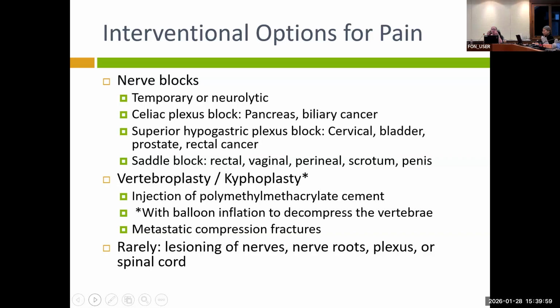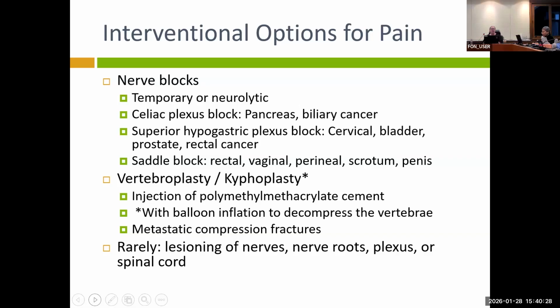We inflate a small balloon to decompress the vertebrae, or we inject, I call it cement here, but it's really like cement, and basically we build up the vertebrae again so they don't rub and the pain isn't coming so much from the bone metastasis or the weakening of the bones.